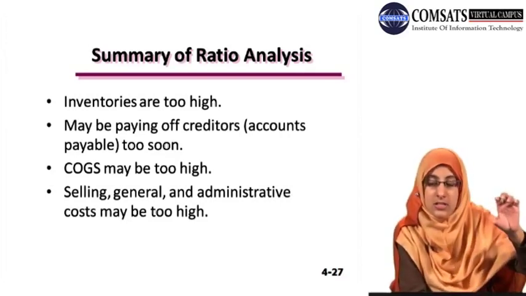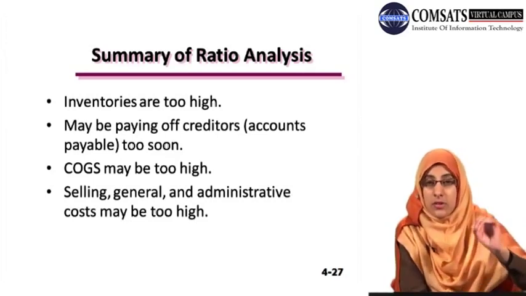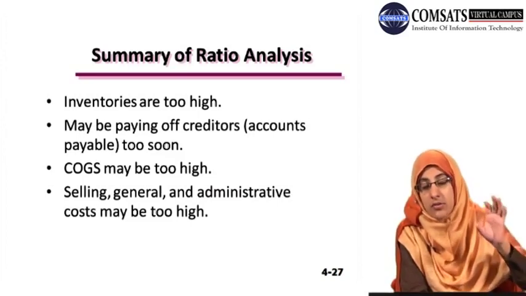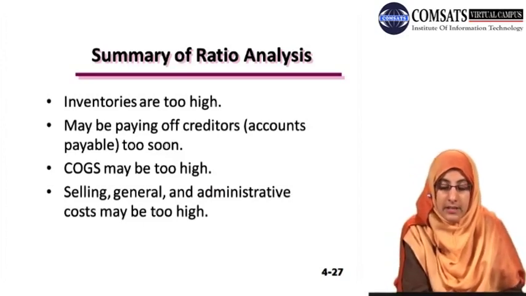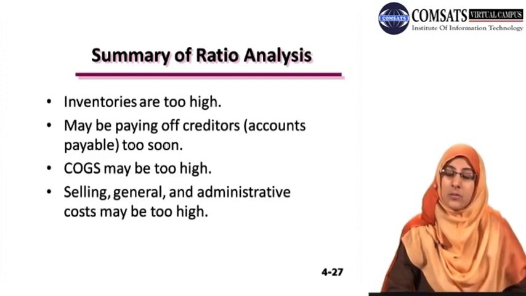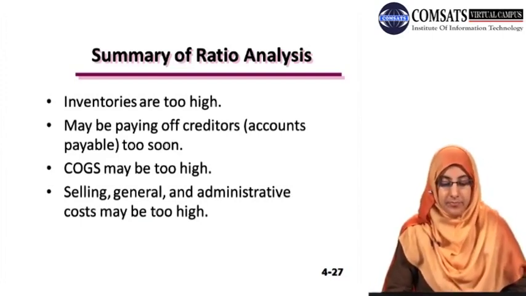That means the strategy you are using for your cost and pricing of the products, and you also found out that there is a huge amount of expense being borne by the company. So the cost of goods sold is too high, and we have to apply new strategies and new pricing policies.